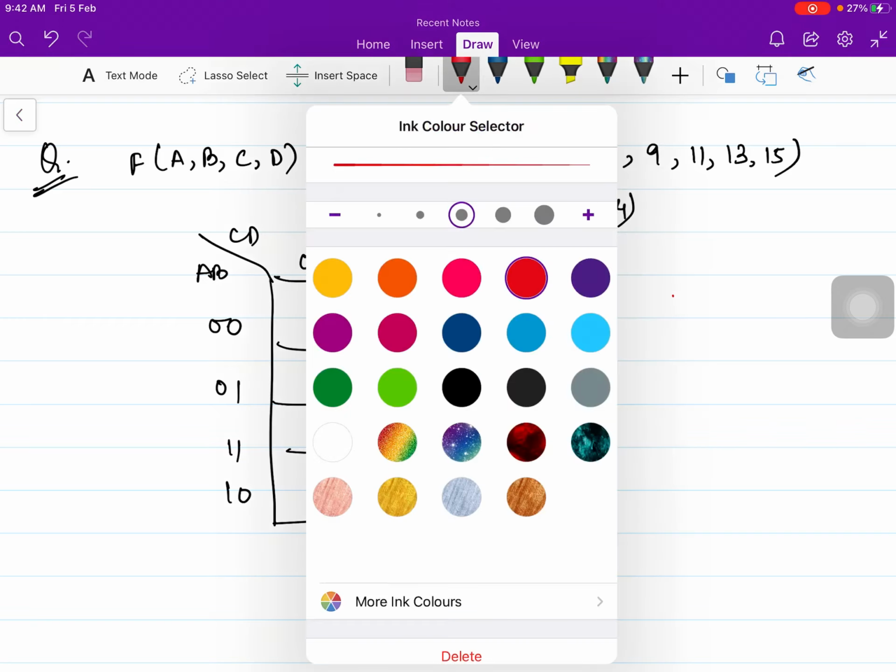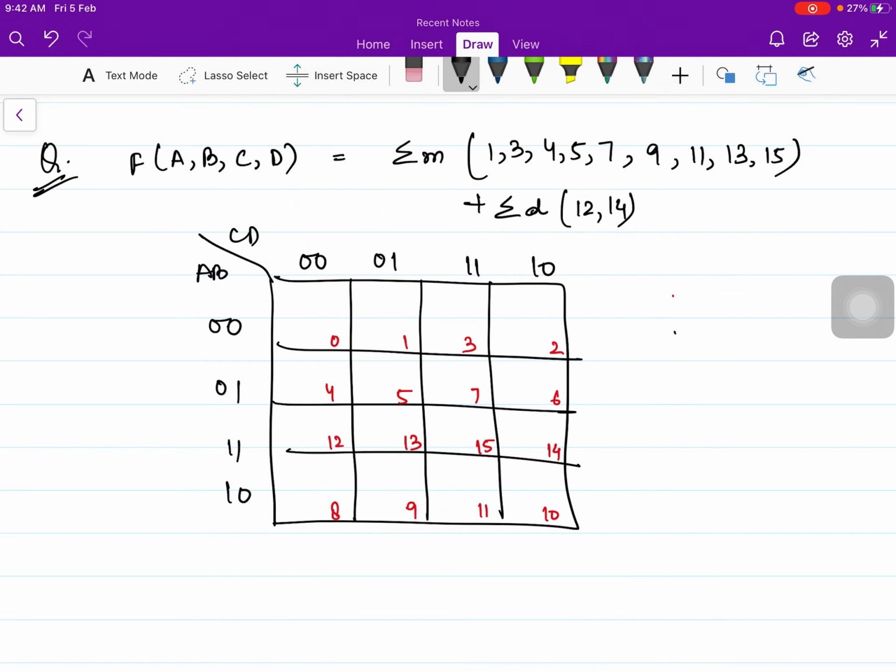Like this. Now fill the ones: 1, 3, 4, 5, 7, 9, 11, 13, 15. And the don't cares are to be filled in 12 and 14.